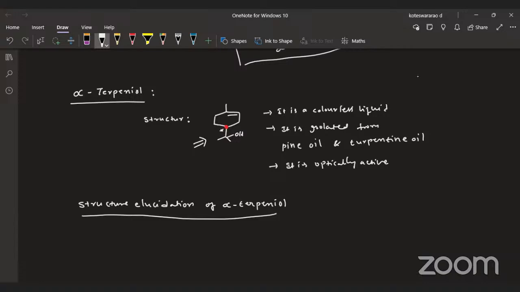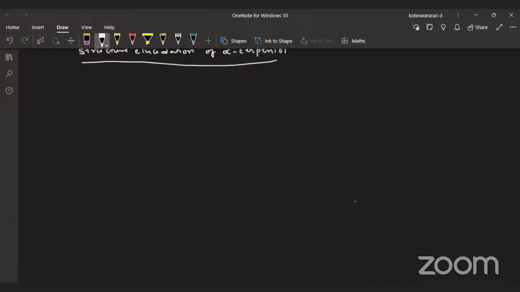Nowadays it is known, but when we first isolated alpha terpenol from turpentine oil and pine oil, we didn't know the structure. In the earlier days, at the initial stages, they didn't know the structure. Then how to determine it? These are the steps to determine the alpha terpenol structure.